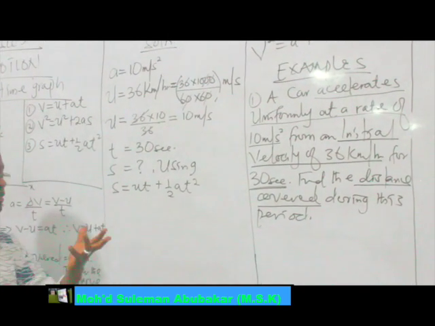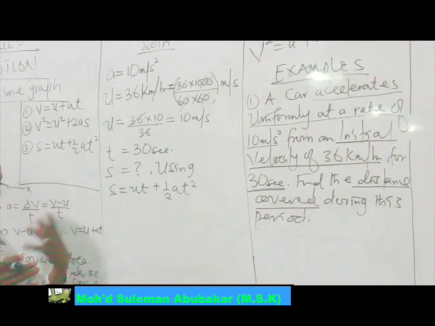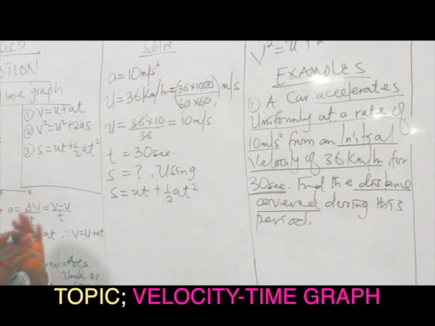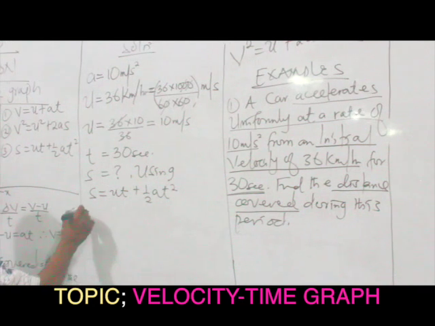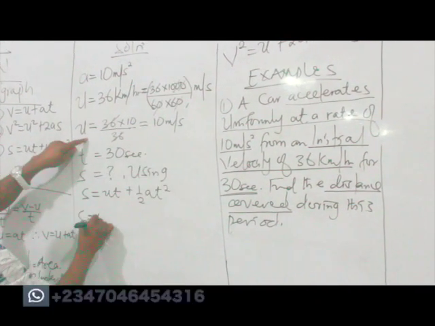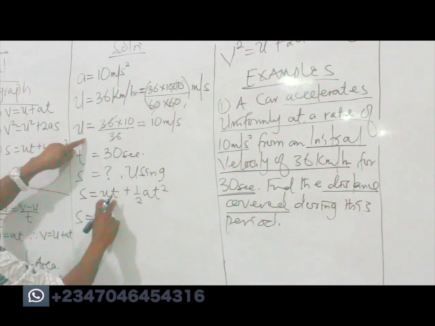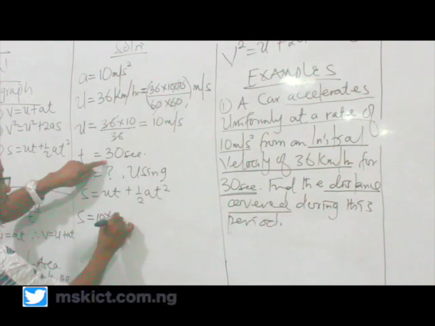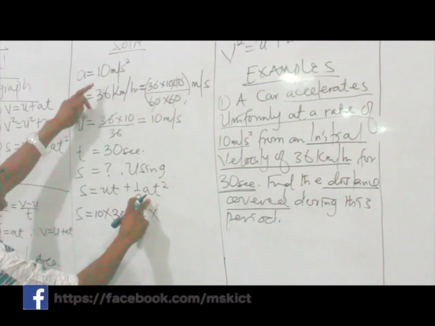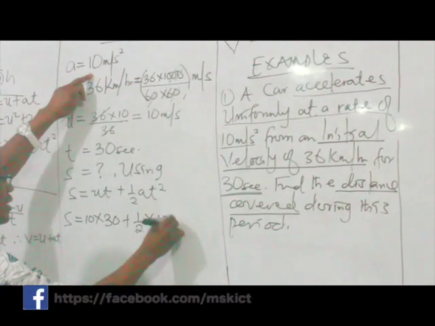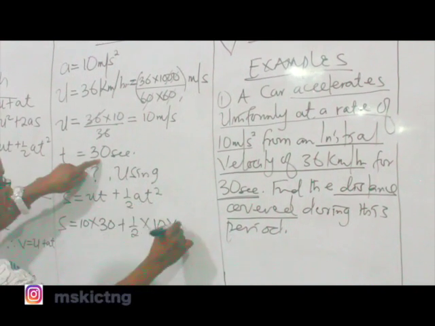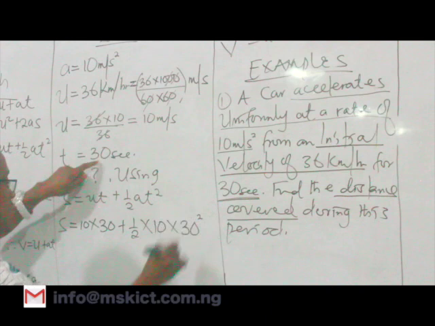s stands for the total distance, u is the initial velocity, t is time, and a is the uniform acceleration. So here we have s, which is the unknown, equals u, the initial velocity, which is 10, times t, which is given as 30 seconds, then plus half times acceleration a, given as 10 meters per second squared, then times 30 squared.